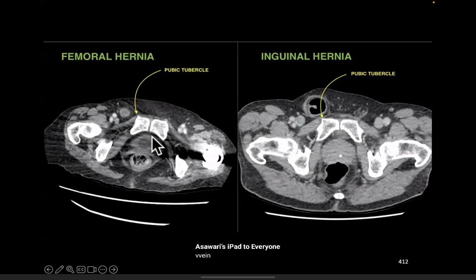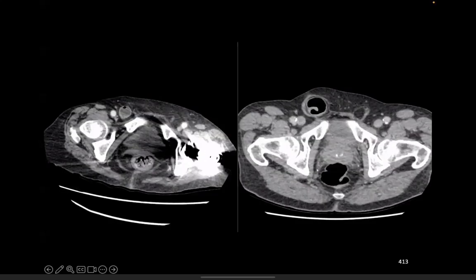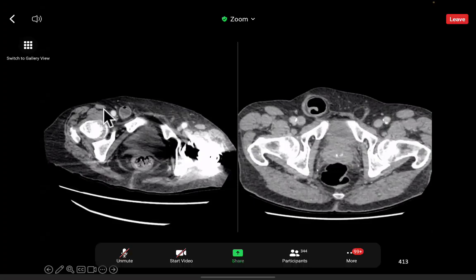So as you go a bit lower down, you can see that the femoral vein is a bit squashed compared to the other patient. But let's compare it in the same patient. And can you see how squashed that femoral vein is compared to the femoral vein on the left side? And that's what you want to do. You want to compare it with the same patient, but on the other side.